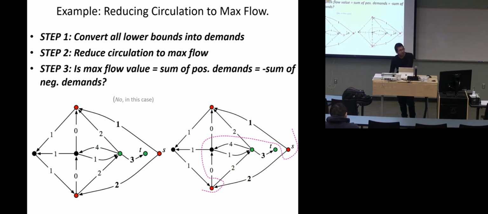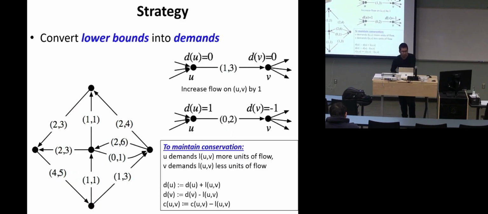Why is it always necessary that the lower bounds coming in is equal to the lower bounds going out? What do you mean? The lower bound is on an edge, right? So, why is it necessary that for each node the lower bounds of edges coming in is the same as the lower bounds of edges going out?